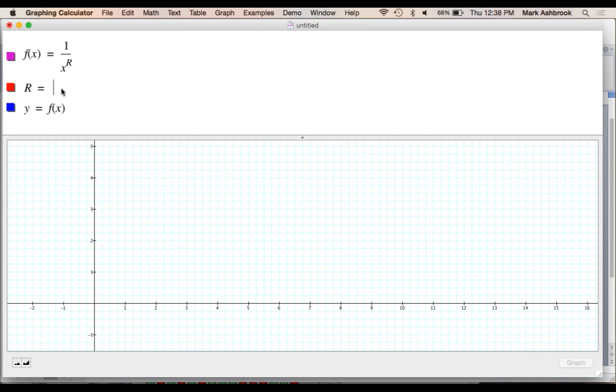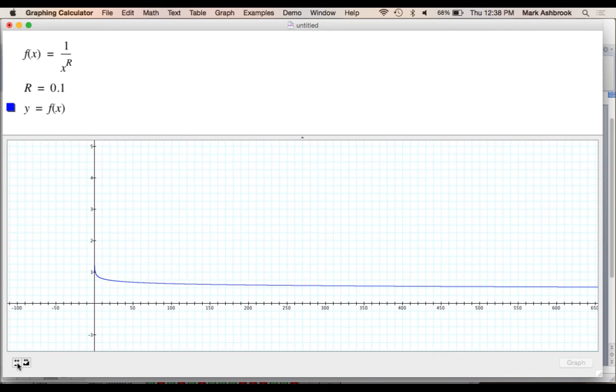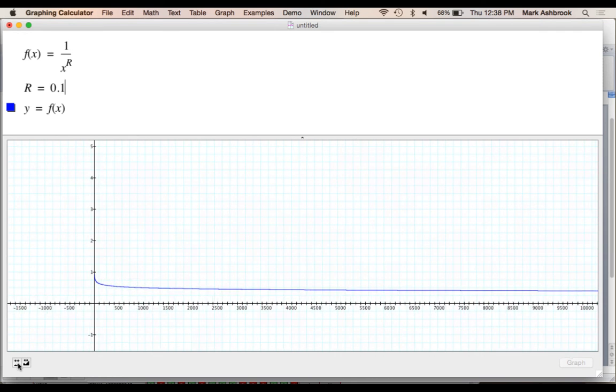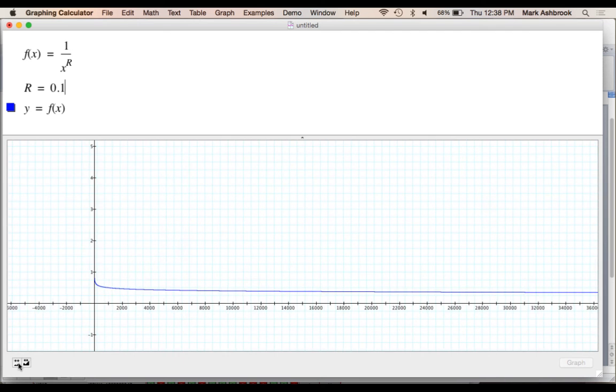So really, all it has to be is, so here's 0.1. Now I'm going to zoom out on the x-axis, and we'll see what happens. Does it converge or not? So this is 1 over x to the 0.1. Is it going to converge to 0?